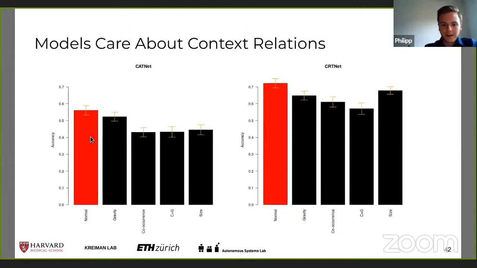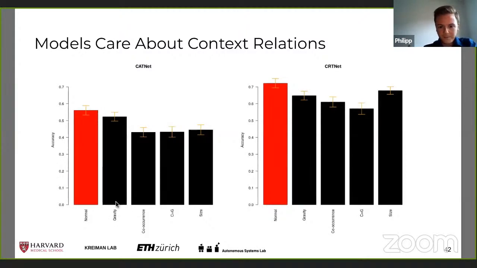If we do that, then we see that across all of those perturbed conditions, the recognition accuracy dropped. If we interpret that, this seems to indicate that all of those aspects of context contribute in some way. So models are able to leverage those different aspects of context and actually improve their predictions using them.